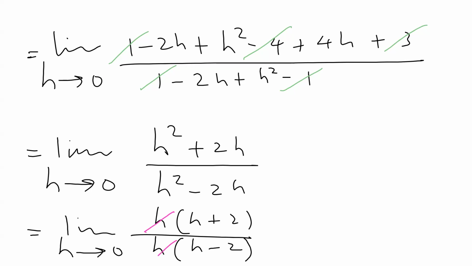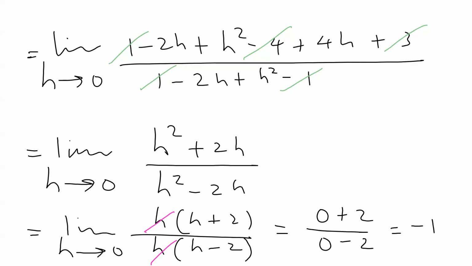So this h and this h get cancelled. Now we cannot simplify further, so put the value of h as 0. So this is 2 upon minus 2, which is minus 1.